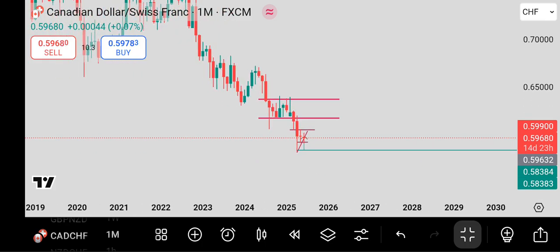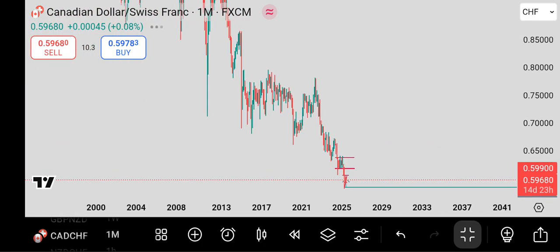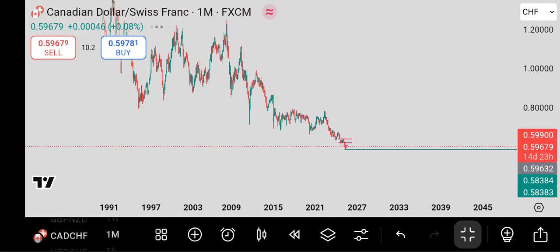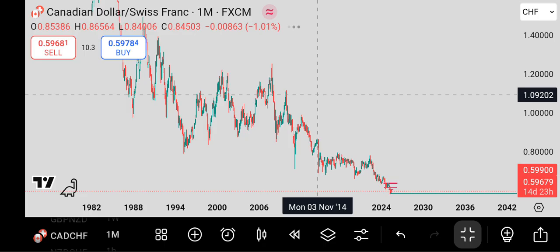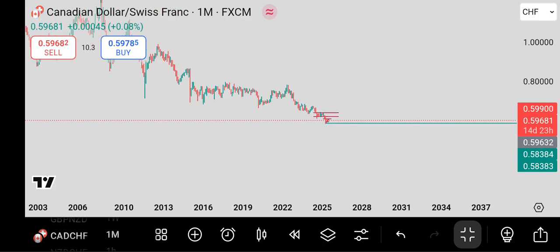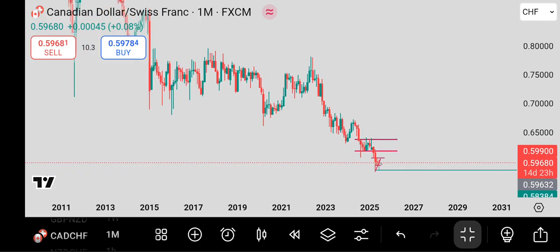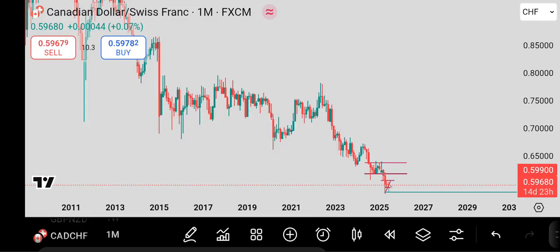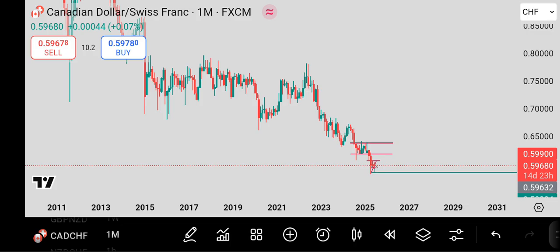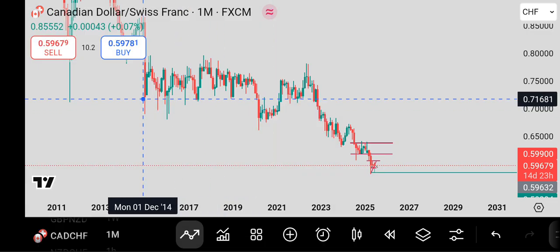So looking at the chart from the monthly time frame perspective, you know that the market is actually bearish. The market has been making a series of lower lows and lower highs. But let's just focus on the immediate trend. Let's start from this point.